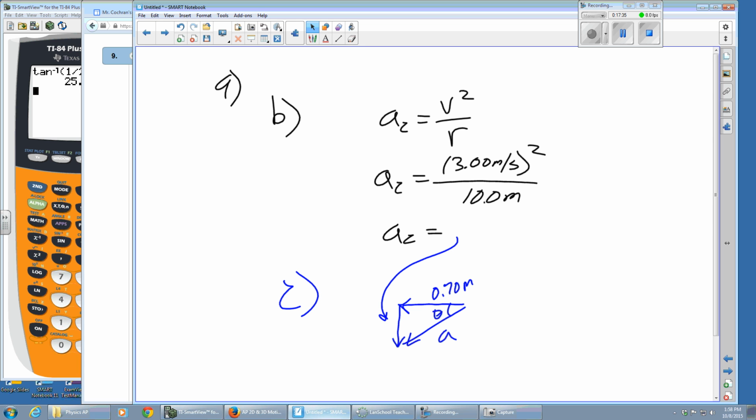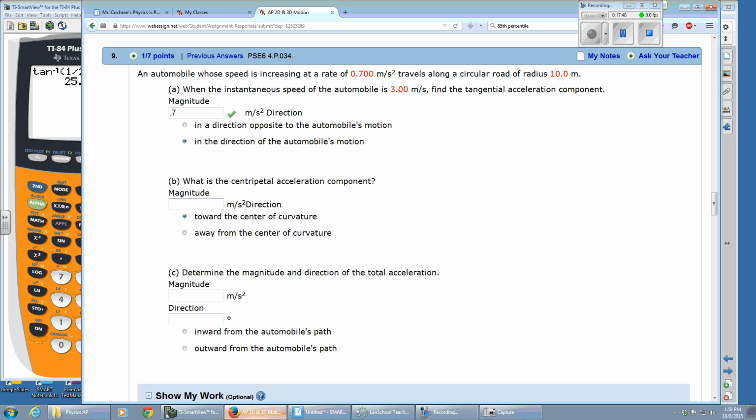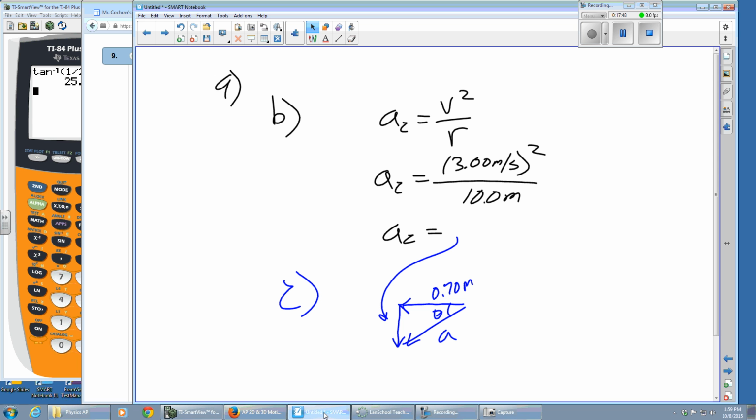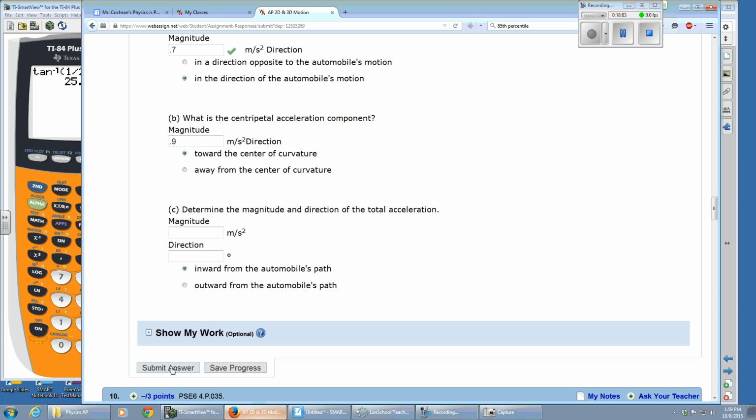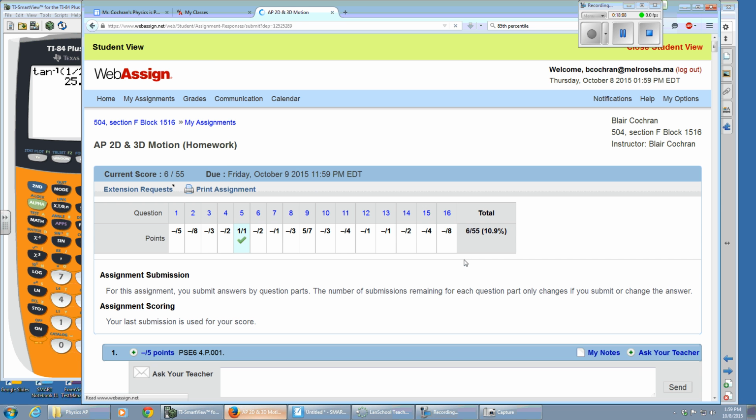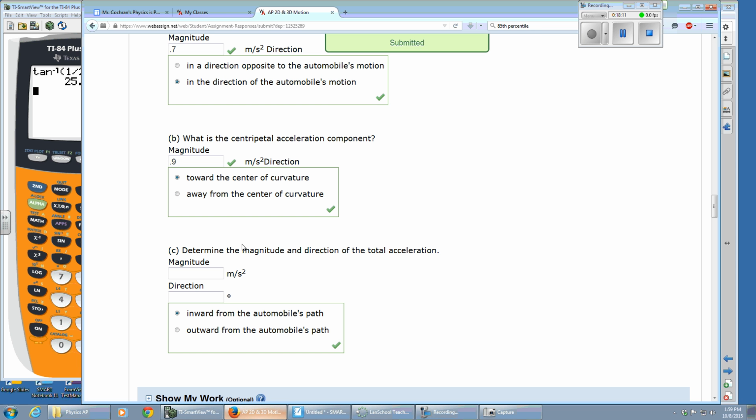The next thing is they didn't tell you a reference for the direction. So let's see what mine comes out. Mine should be 0.9 here. Good.